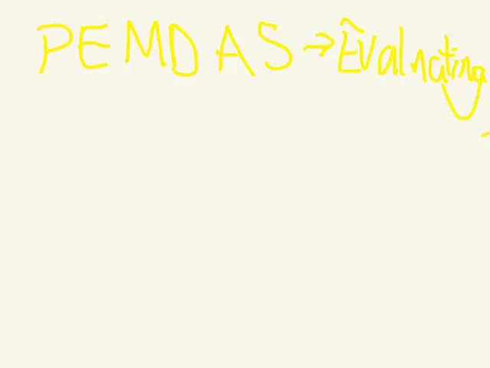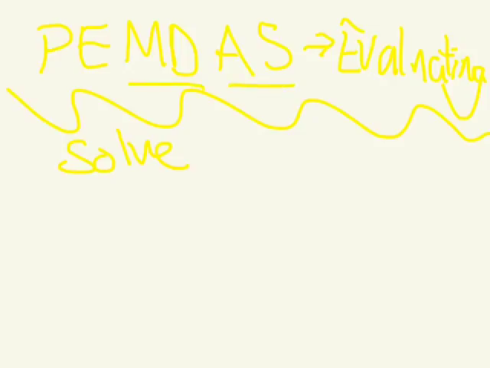And now we're solving equations. When we solve, we're kind of undoing what's there to isolate the variable. When we're evaluating, we multiply and divide before we add and subtract. When we're solving, we're undoing in order to isolate the variable.